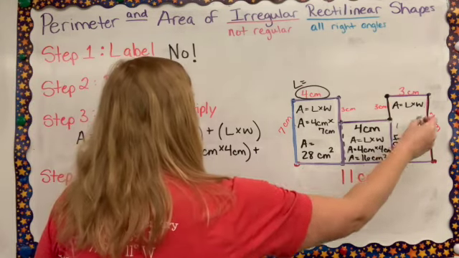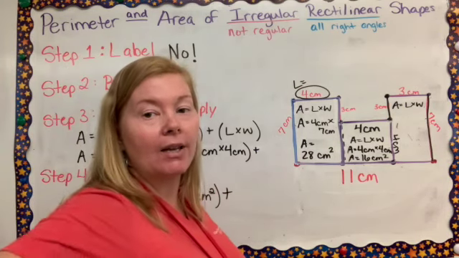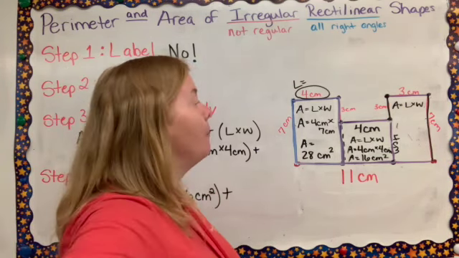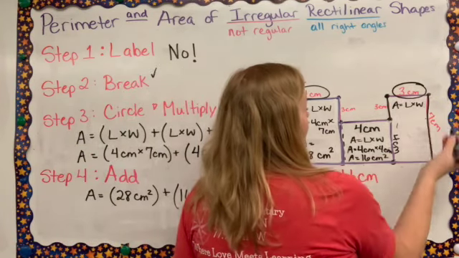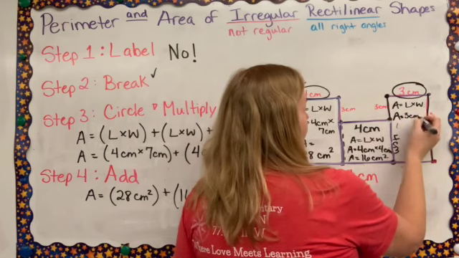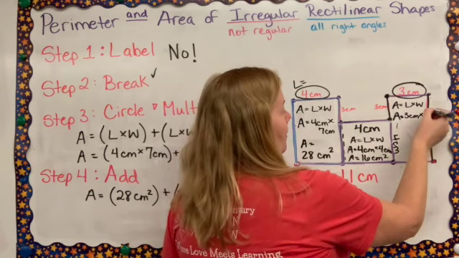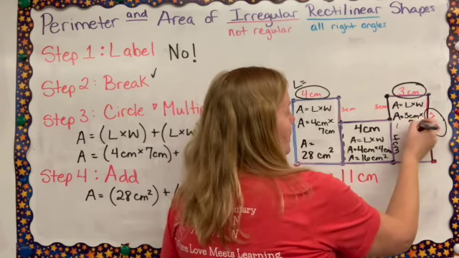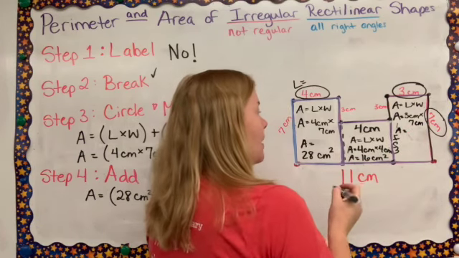What is my length and my width of this final one? My length and my width of the final rectangle. Yes, my length is 3 centimeters times, what is my width? 7 centimeters. Area equals, what is 3 times 7?